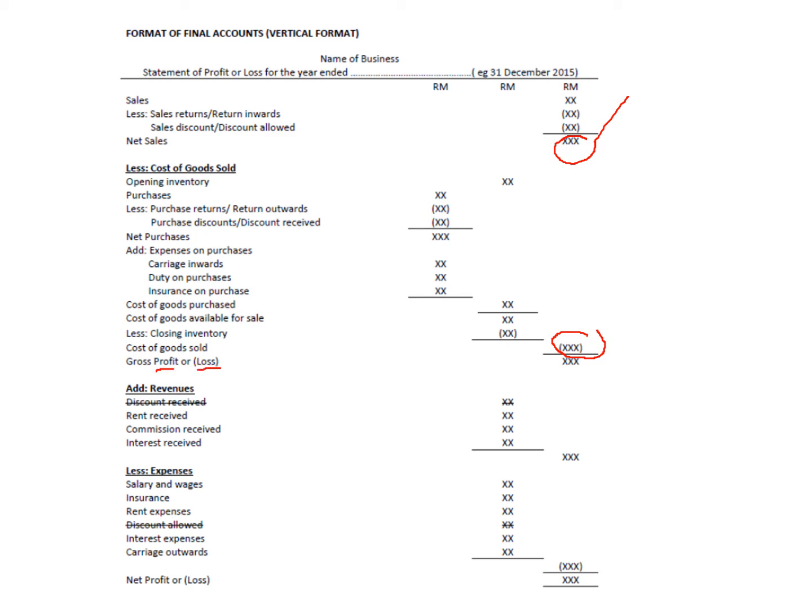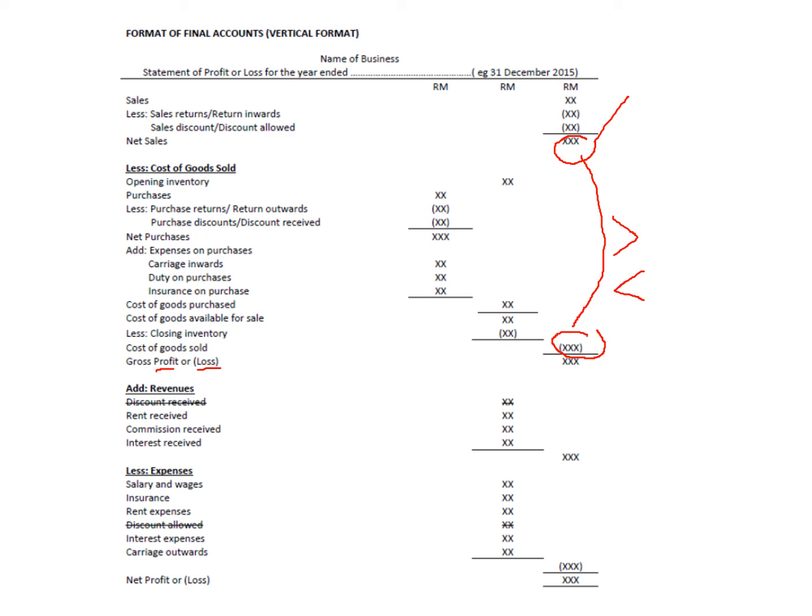So here, the gross profit will be derived if the net sales is greater than the cost of sales, so we will have profit. However, if the net sales are less than the cost of goods sold, the business will have gross loss.